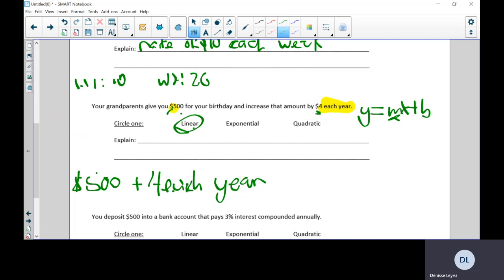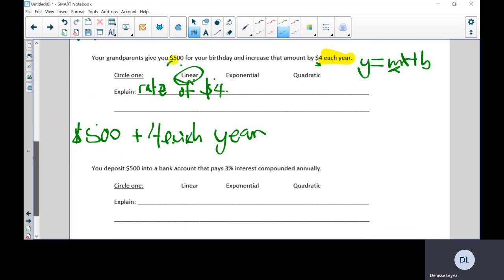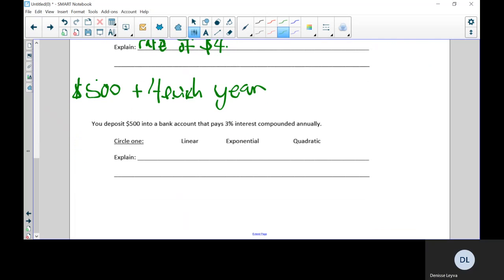So when we are trying to explain, we can just say it has a rate of $4. And we can also write it has a constant $500 for just that one time. $500 deposit.